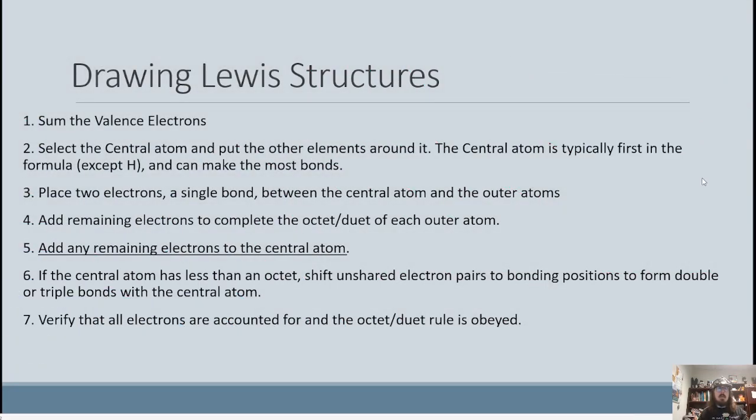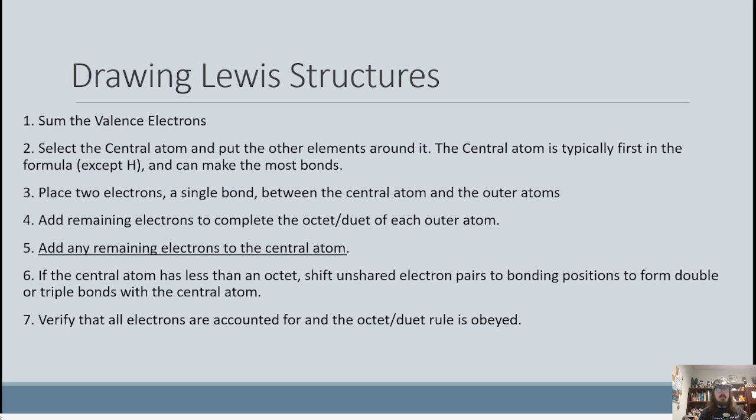Okay, these are the 7 rules I'm going to use in all of my structures. We have to keep in mind that all S and P electrons should be accounted for, and that all octet and duet rules are obeyed.